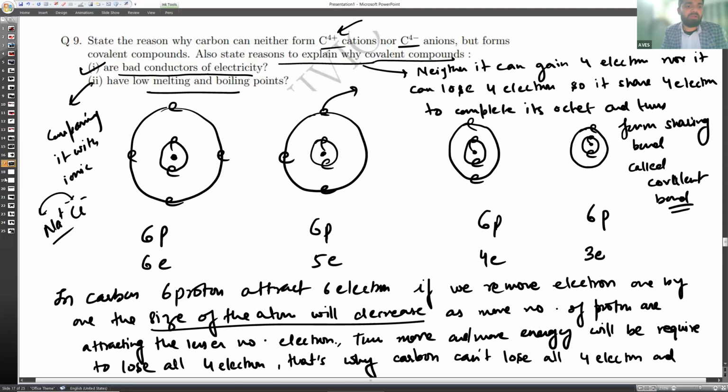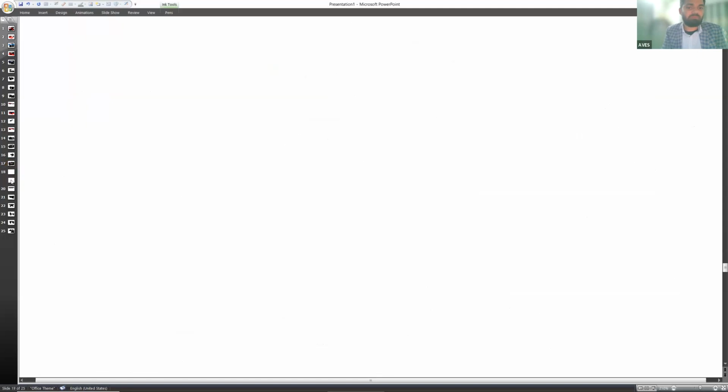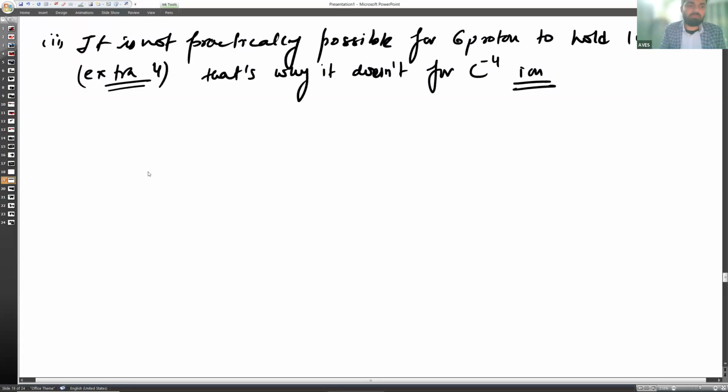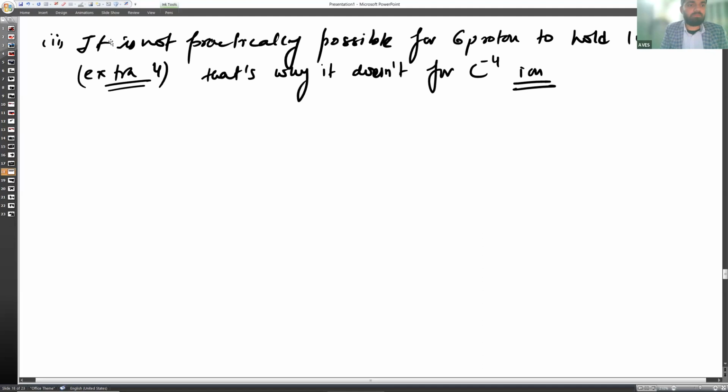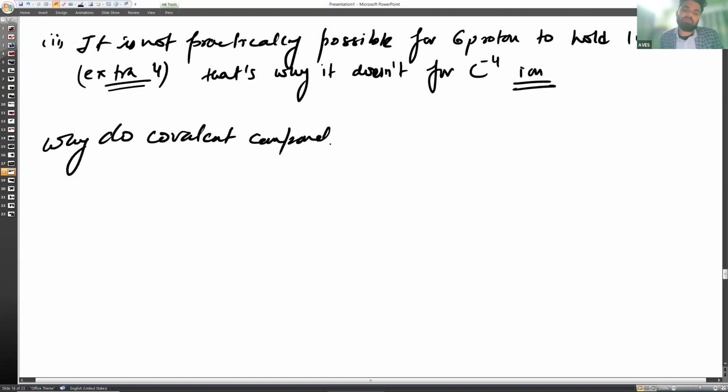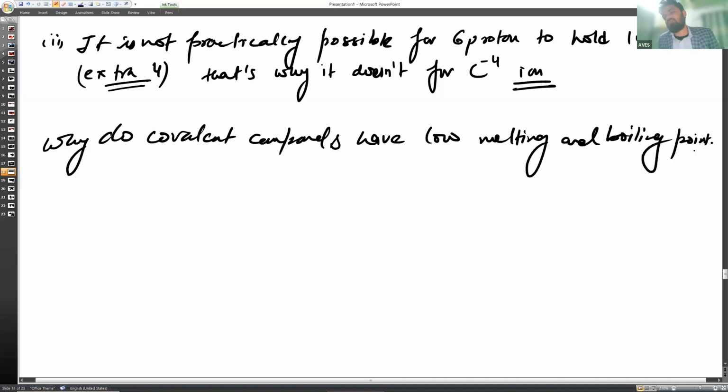Why do covalent compounds have low melting and boiling points?